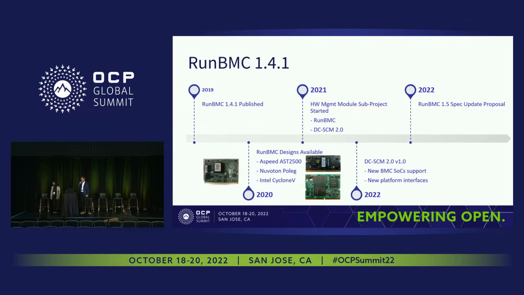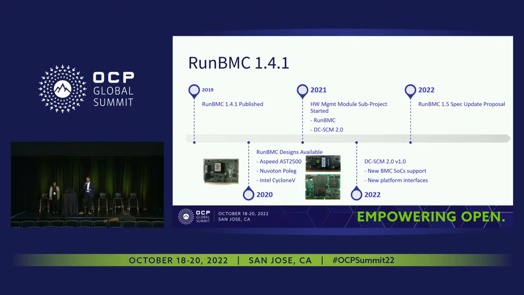If you look back at the RunBMC specification, it was defined before the DC-SCM. Obviously, this was a standard that was published before the first DC-SCM came up, and there were some adoptions along the way that you can see on the timeline, but those adoptions were tied to those older BMC SoCs, and RunBMC is obviously a BMC SoC on a module, so it really derives from all the BMC capabilities that it hosts, right?